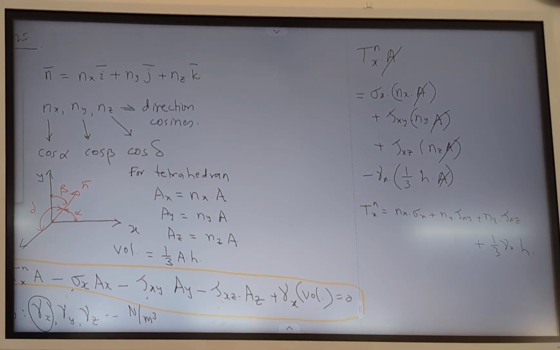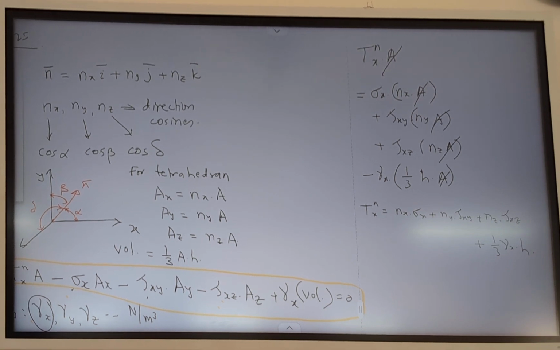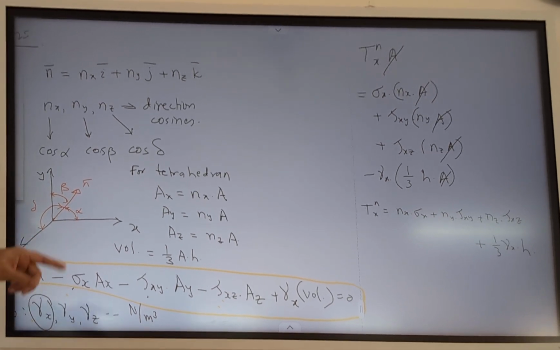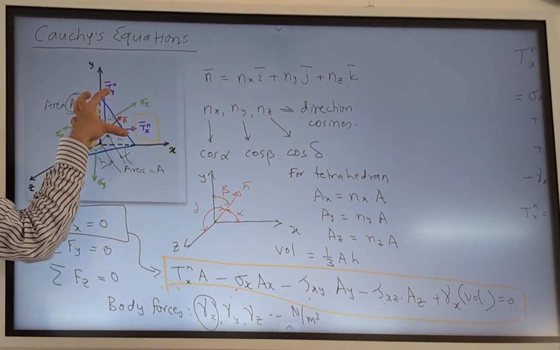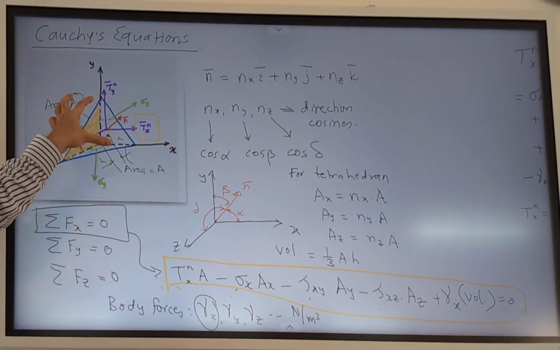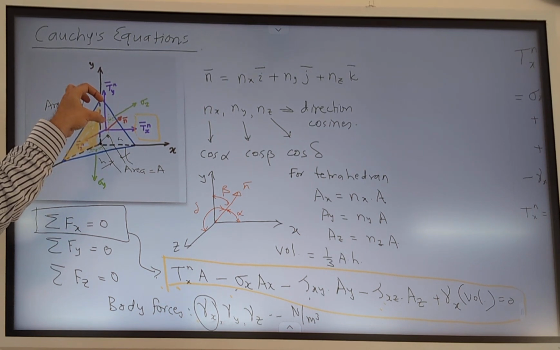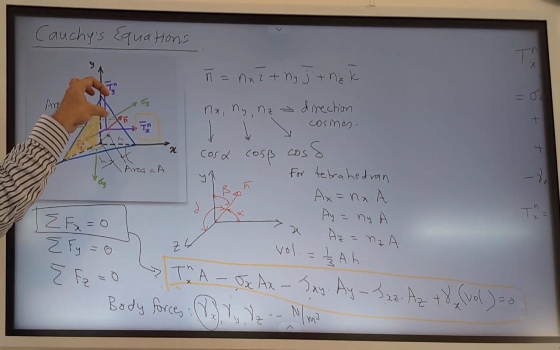In real material, if you go to microscale or nanoscale, you will start observing there are holes, or at the molecular level there will be intercrystalline, intermolecular gaps. So those effects we are neglecting here. So here what we are saying is this particular tetrahedron will keep on shrinking till it becomes infinitesimally small.